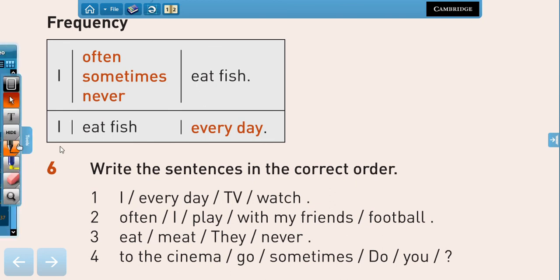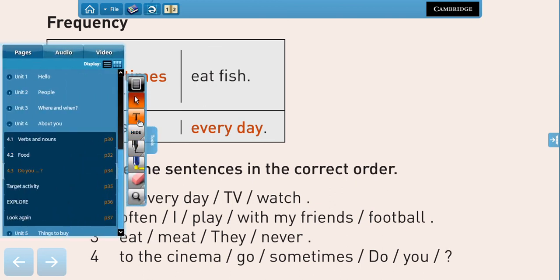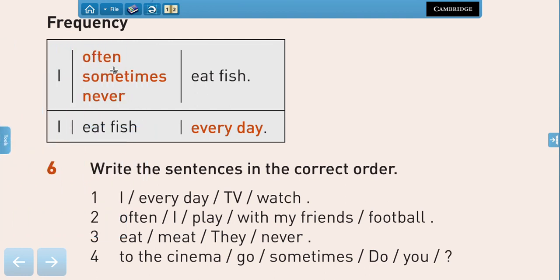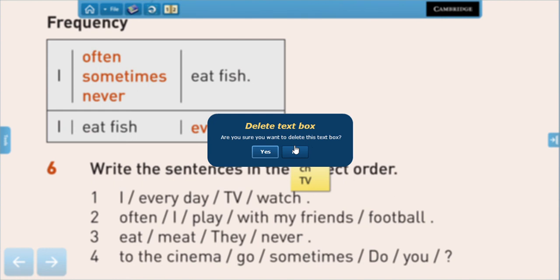So let's see. Number 1. What's happening? Okay, I don't know what is happening with this, but I'm going to say it out loud, okay?